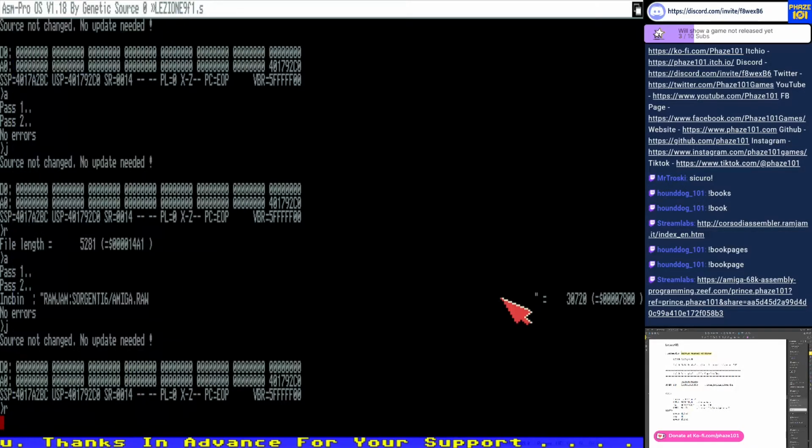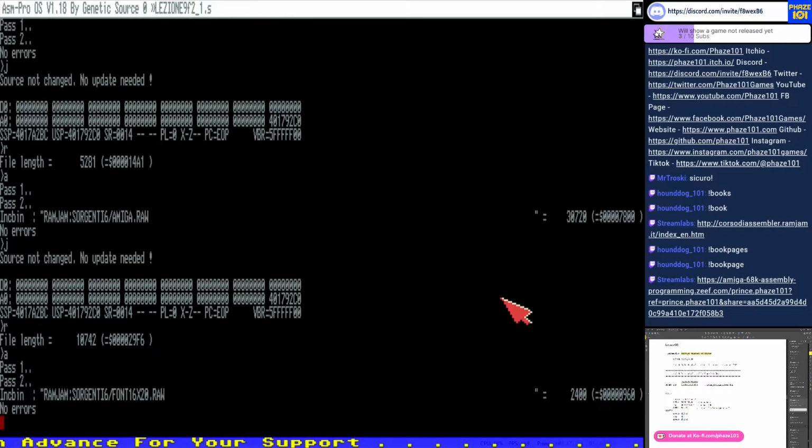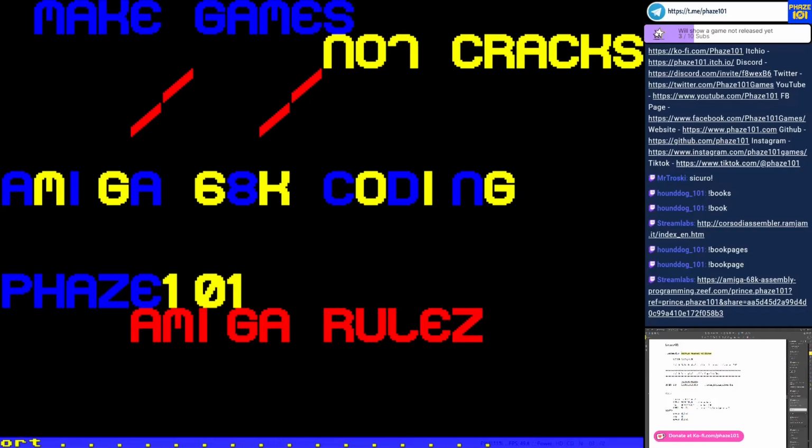First I show you this one so that you see it better in colors. Here we are printing text to the screen using a font. The font is of 1 bit plane, but we are printing on separate bit planes.